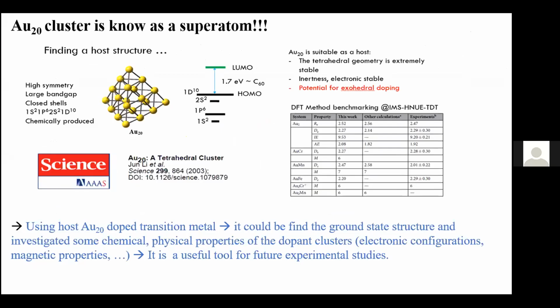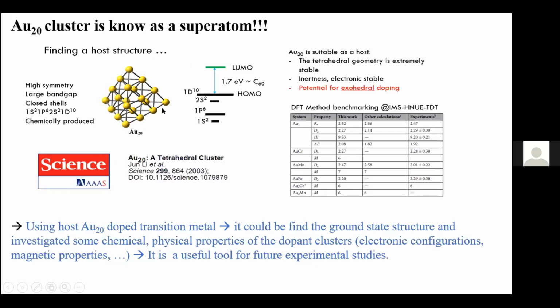And the gold pyramid, the gold cluster Au20, is classified as a superatom with a high symmetry, like a band gap and closed shell, especially its chemical stability. It has a HOMO-LUMO gap corresponding to fullerene C60.